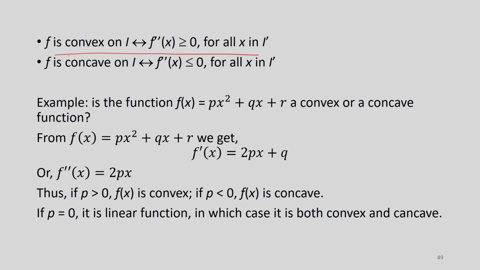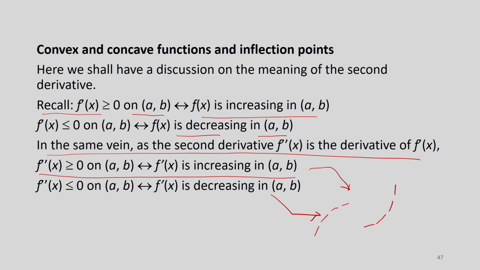Okay. Now, remember this thing, f double dash of x greater than or equal to 0, is something we have seen here, and we have seen that this is equivalent to f dash of x increasing.